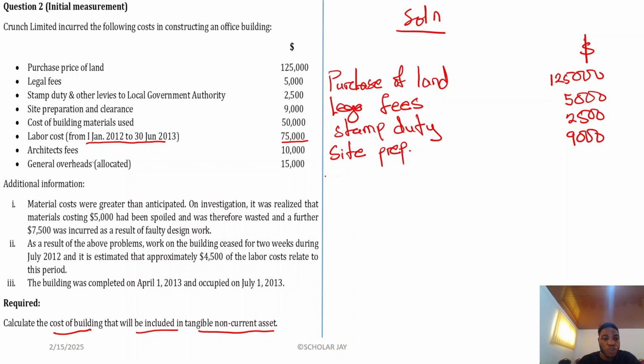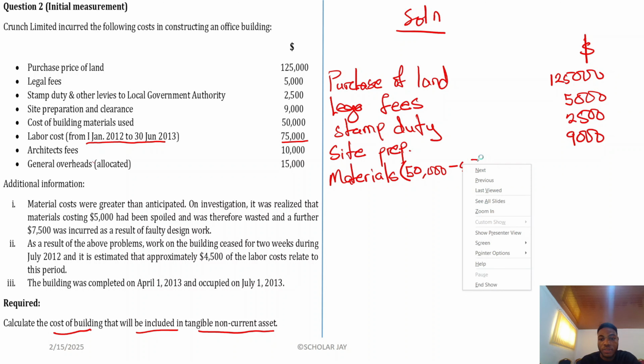We have cost of building materials used. So materials. Don't forget, there's an adjustment that must be passed. Is that not it? So the materials, it should be 50,000 minus 5,000, minus 7,500.